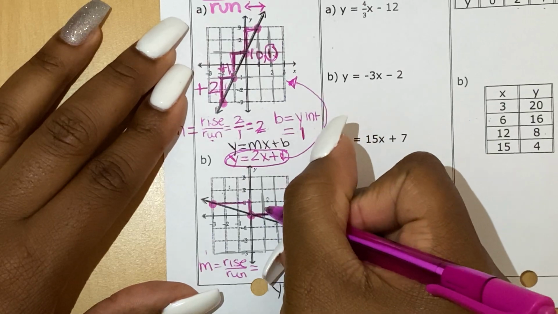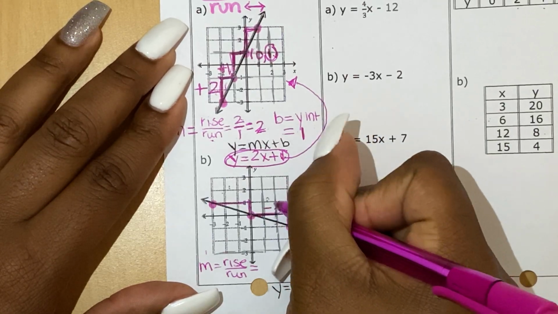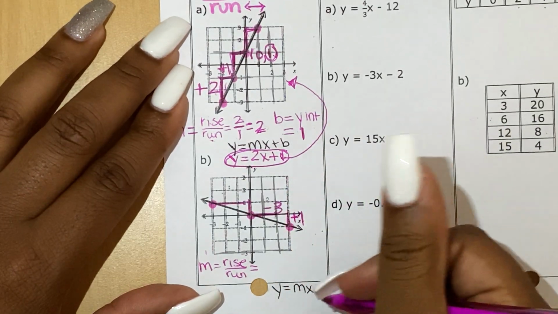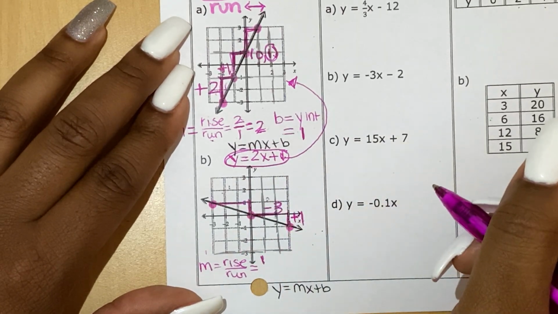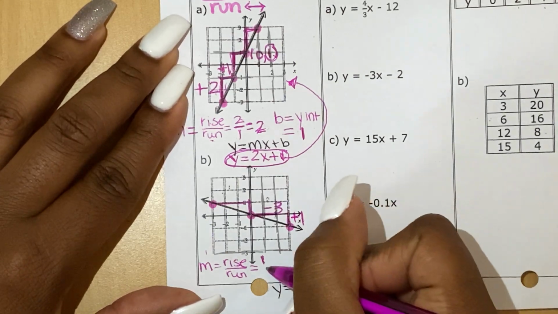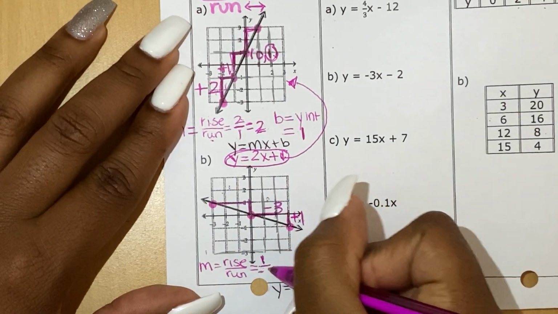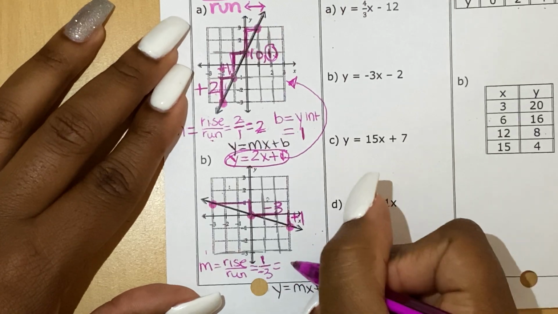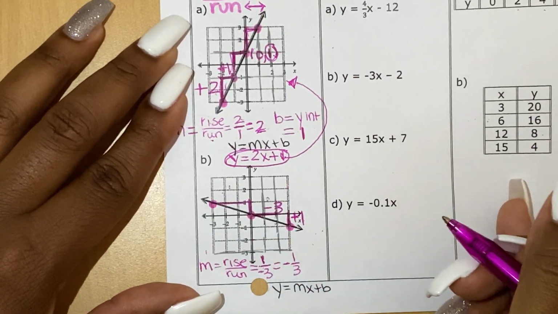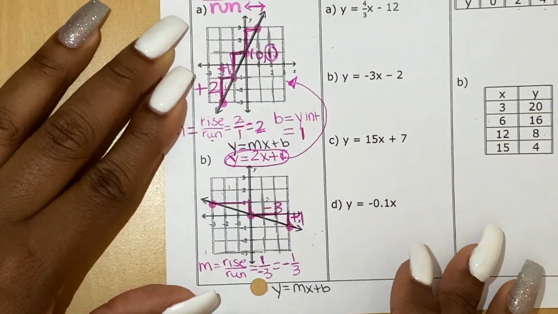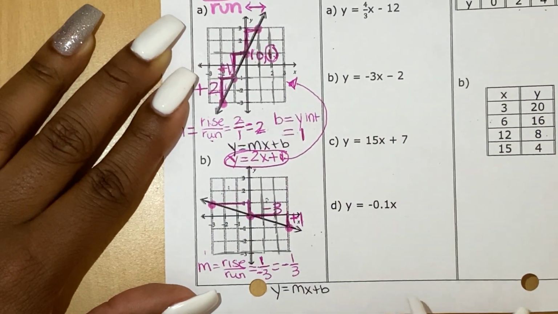Left is a negative word, -3, okay? So my rise is 1. My run, -3. We're going to write it as -1/3. Okay, pull the negative out front. You have -1/3 as a slope.